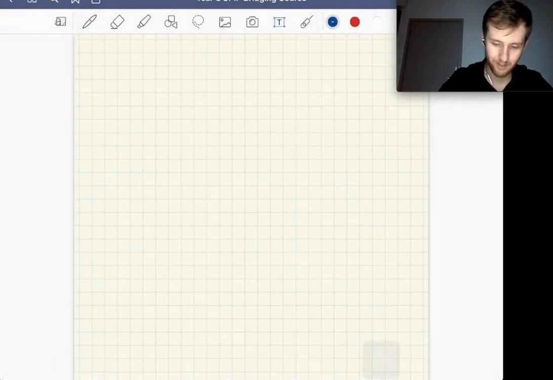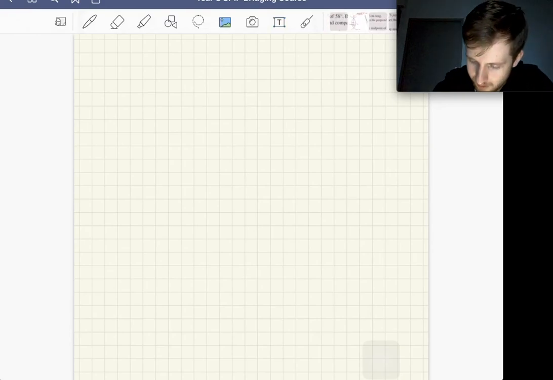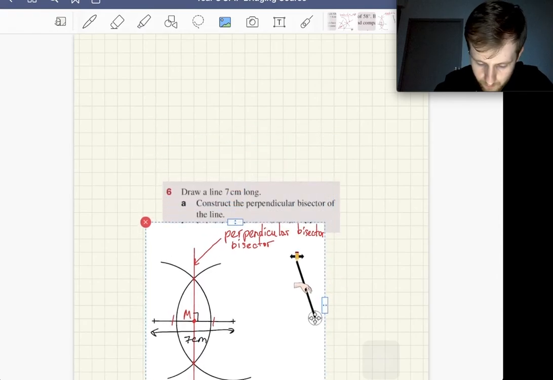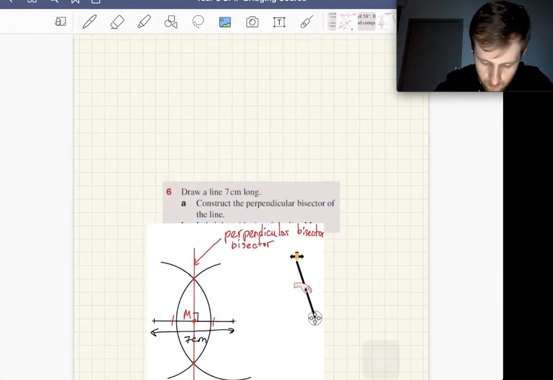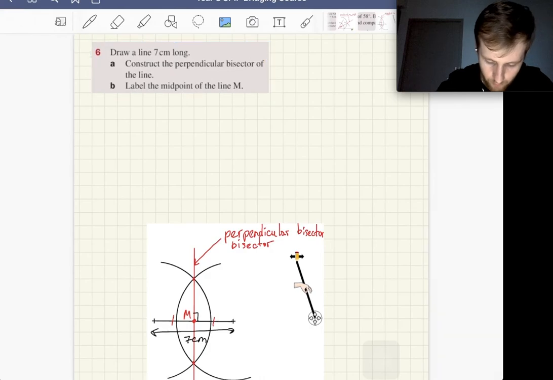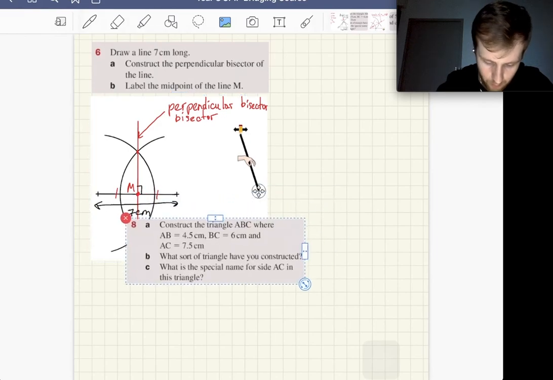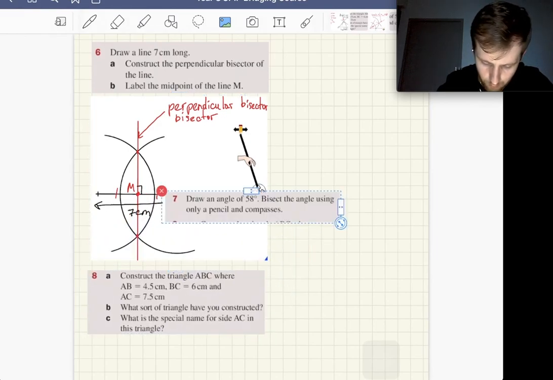So last time I think I have to take all these screenshots. So this is a line 7 centimeters long, and we have that. And now this is a triangle. This was number 8, so we have number 7 somewhere here.